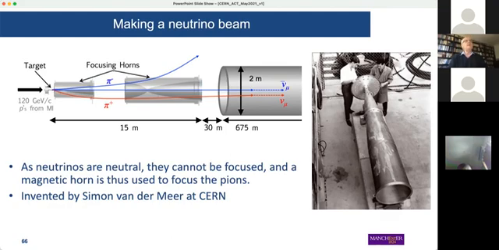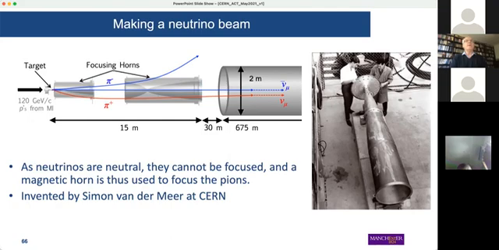The way this is usually done, you have a proton beam. In this case, this is 120 GeV at Fermilab from the Main Injector. Then these protons hit a target, a graphite target, for example, and produce secondary particles which contain a lot of stuff, but many of them are charged pions.